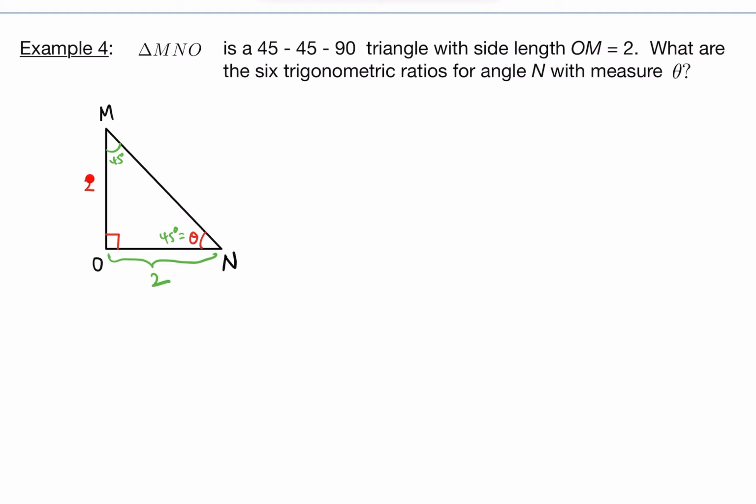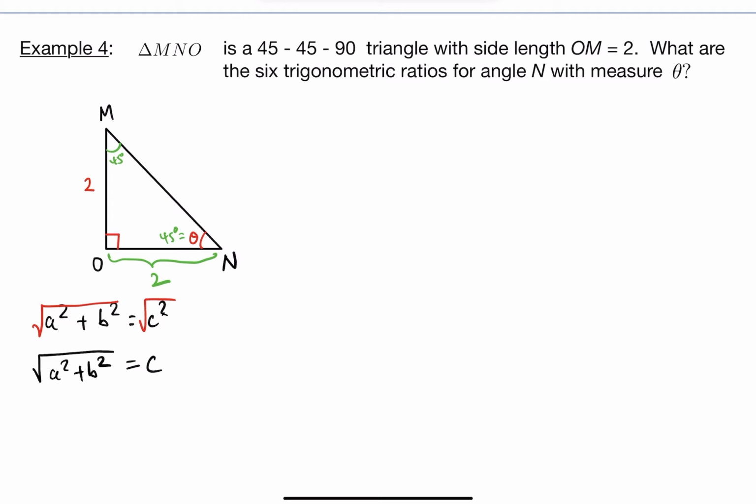Now that we know that this is 2 and this is 2, we can use the Pythagorean theorem to solve for the length of side MN. The Pythagorean theorem, as we said earlier, is a squared plus b squared is equal to c squared. To solve for c, we square root both sides, and we get c is equal to the square root of a squared plus b squared.